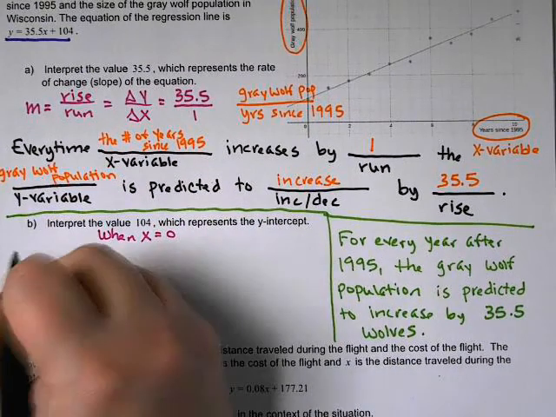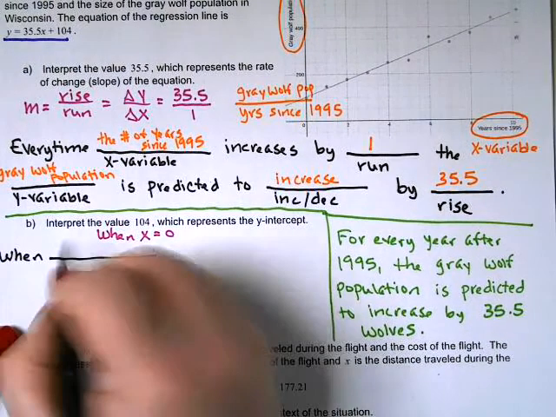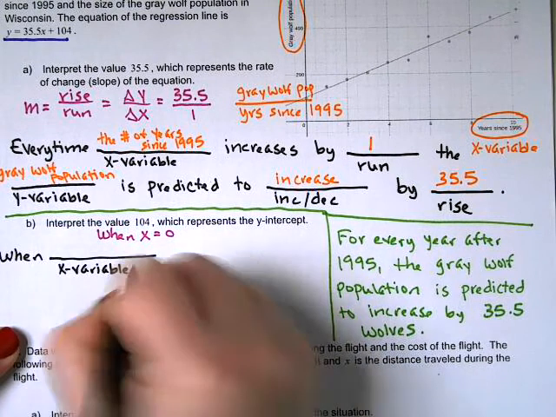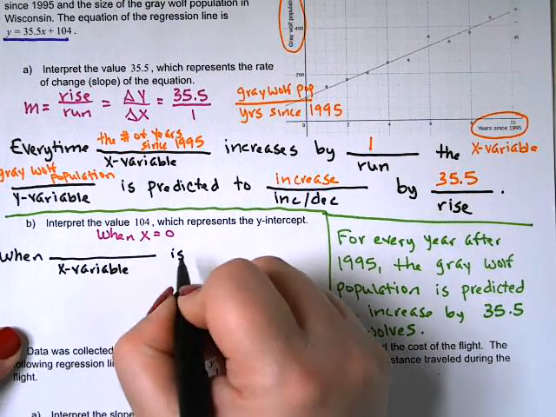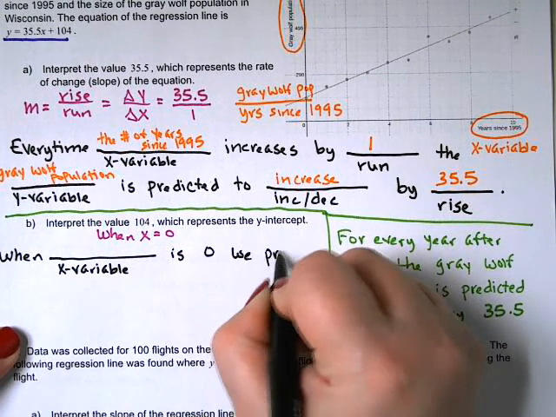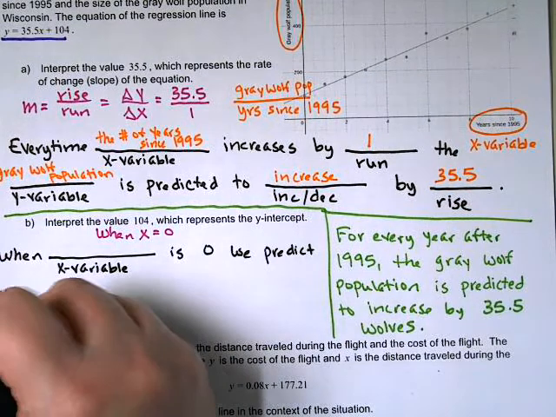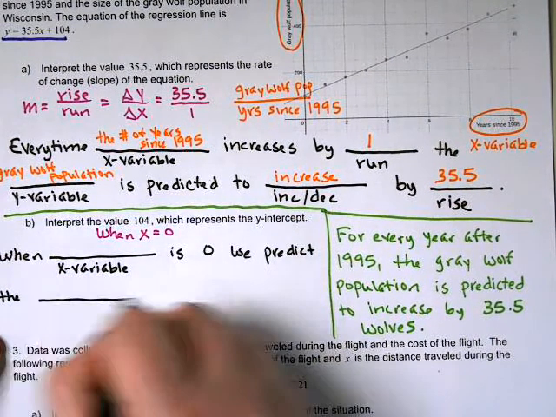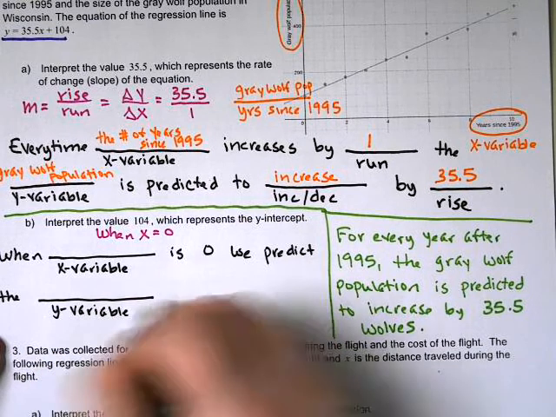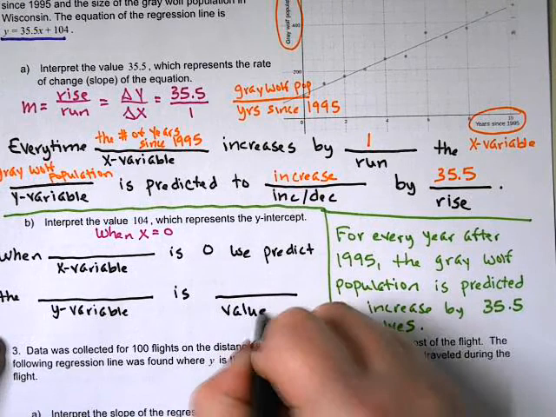So when the x variable is 0, we predict the y variable is whatever value we get for our y-intercept.